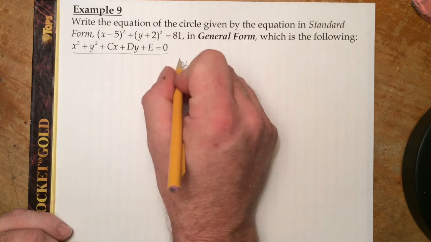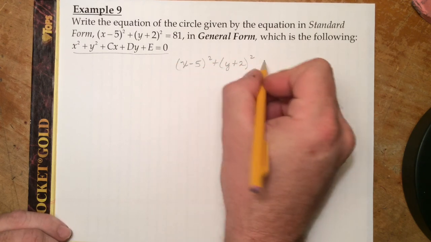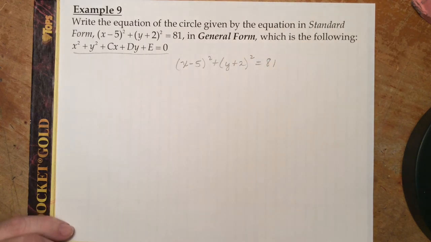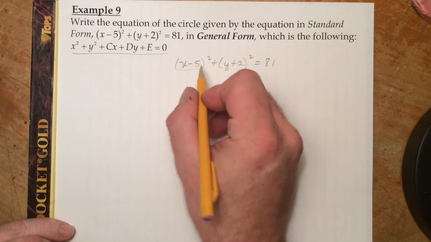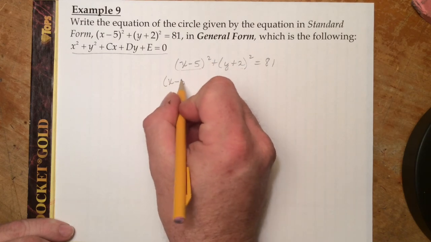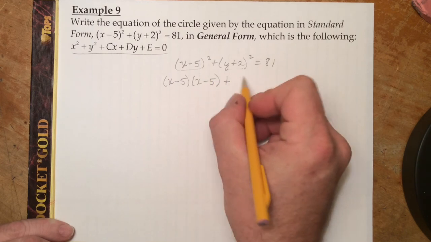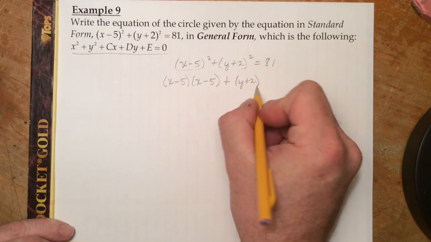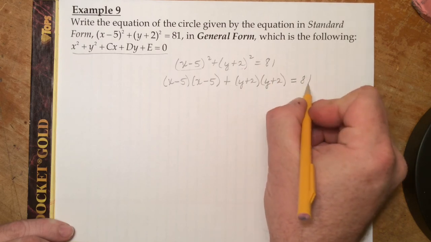The first thing we do is expand these two expressions since they're both squared. So we have x minus 5 times x minus 5 plus y plus 2 times y plus 2 equals 81.